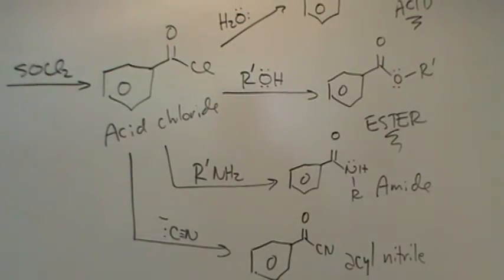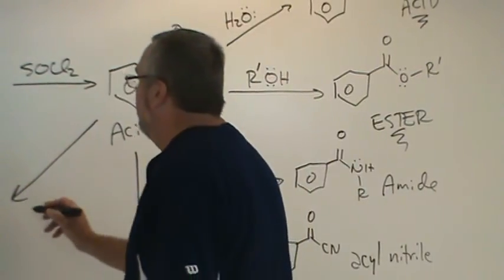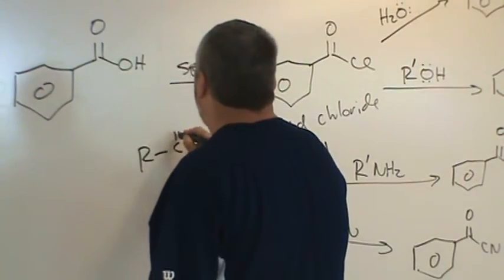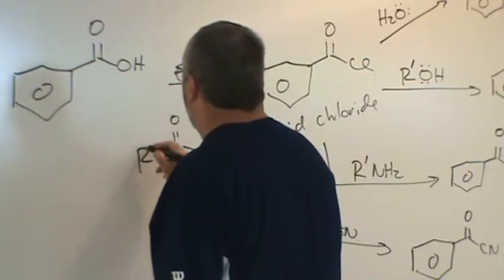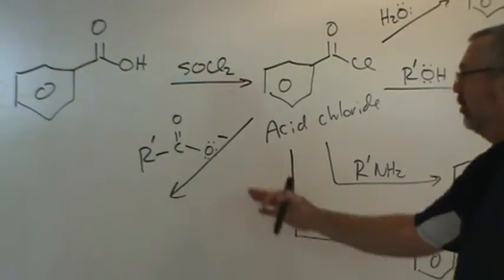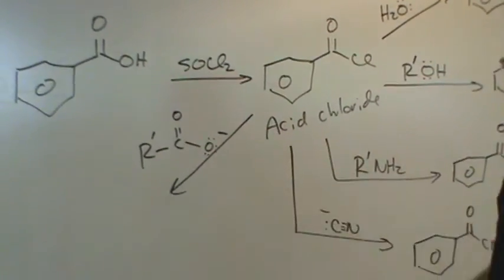There's another reaction. What if we wanted to make an anhydride? We haven't shown how to do that yet. Well, it turns out that if you take that acid chloride and you react it with a carboxylate anion, so there's the carboxylate anion, which we can produce directly from some carboxylic acid, just by deprotonating it with a base.